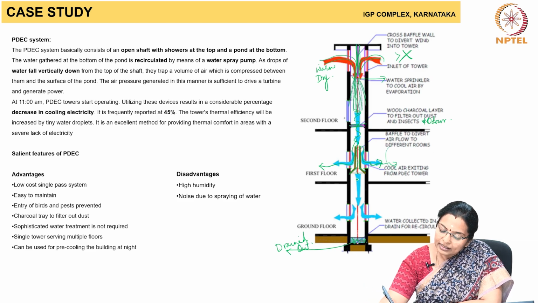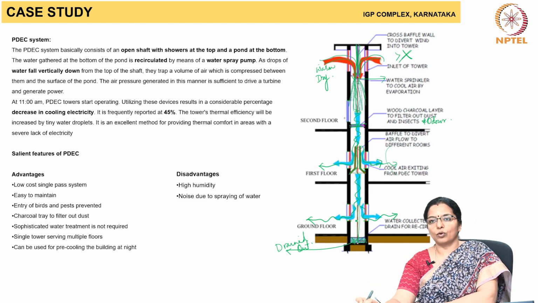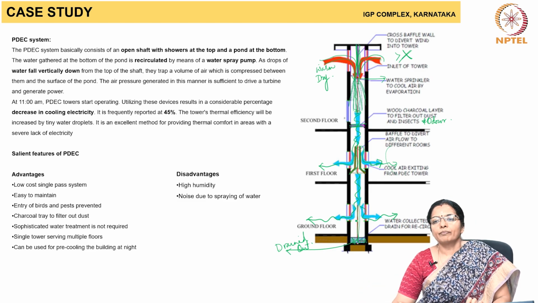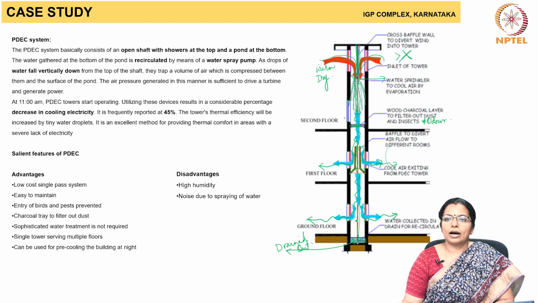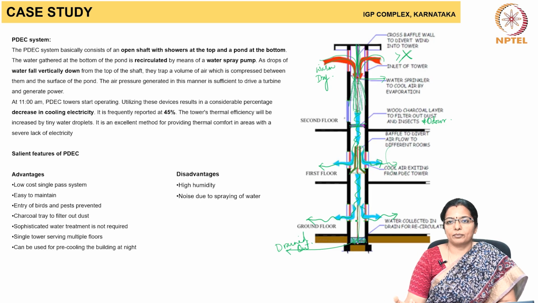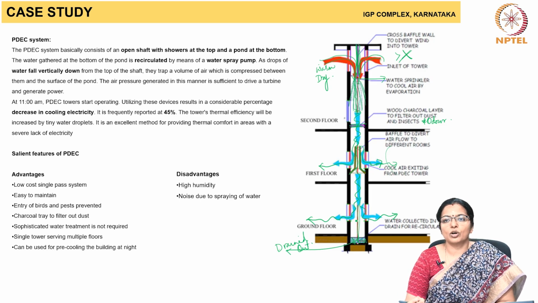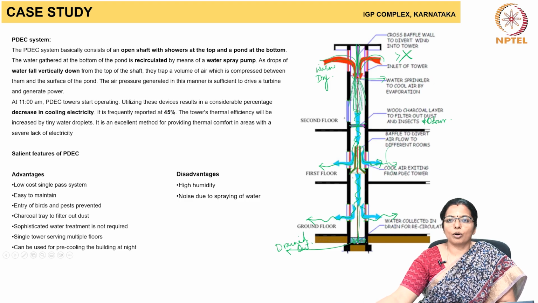Again, the remaining air which flows down gets into the ground floor. It is directed by means of a baffle wall here. It is said that the tower's thermal efficiency is increased by about 45% because of the tiny water droplets.